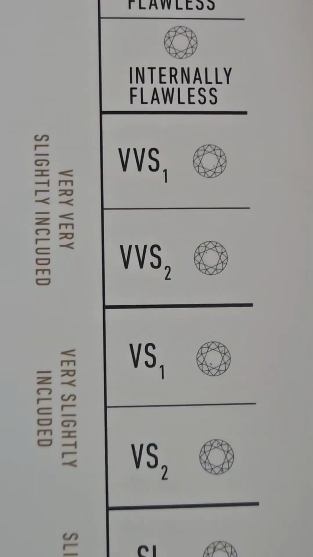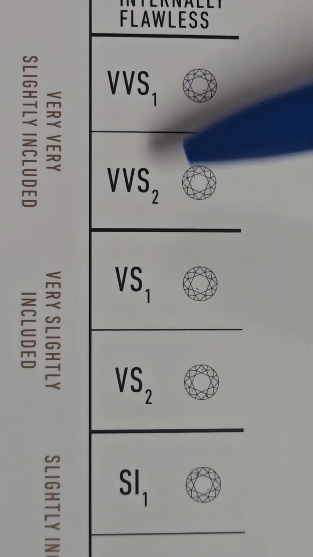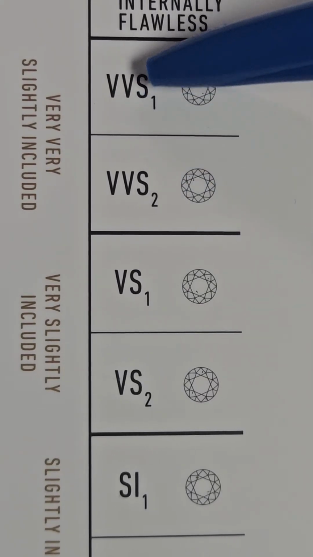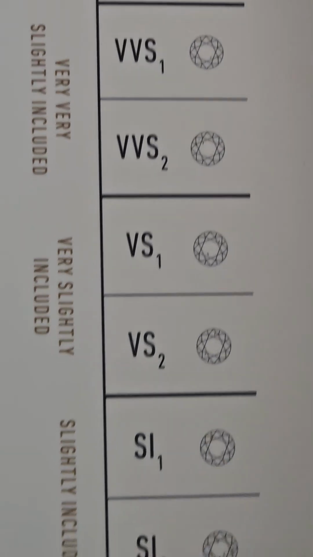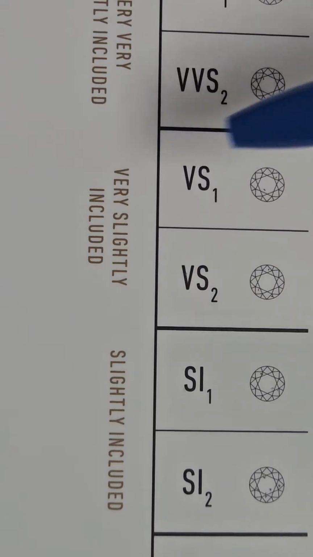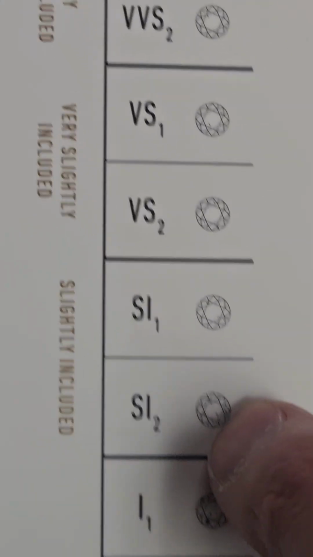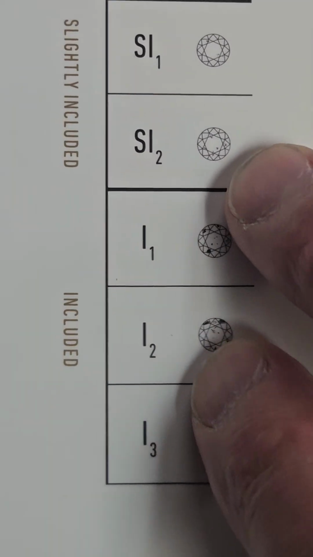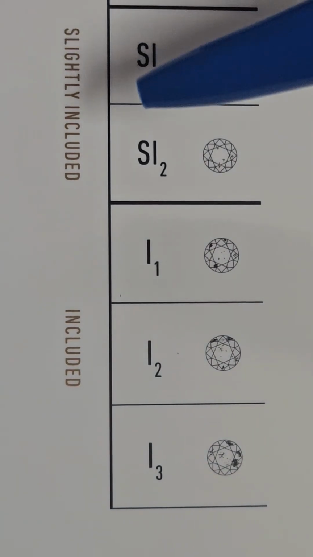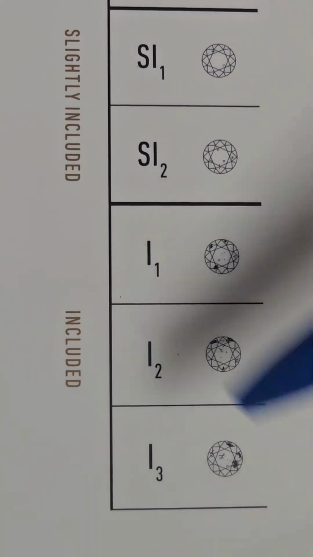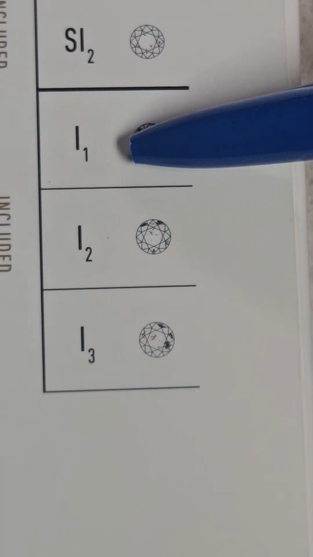As we go down the scale, you get VVS1 and 2, very, very slightly included. Then you have very slightly included, which is VS1 and 2. Moving on down, you have SI1 and SI2, which is slightly included, 1 and 2. And then you have I1, 2, and 3, which is included 1, 2, and 3.